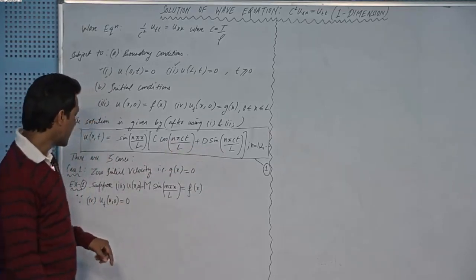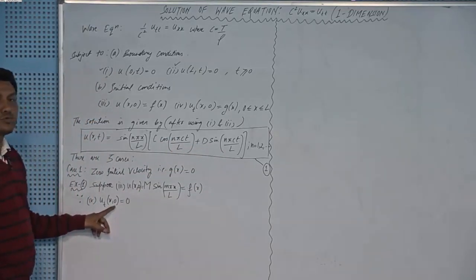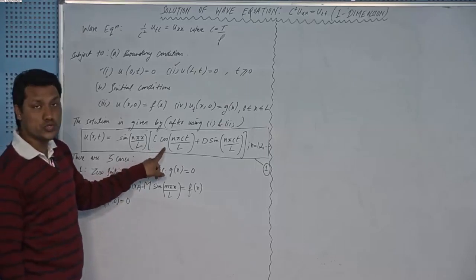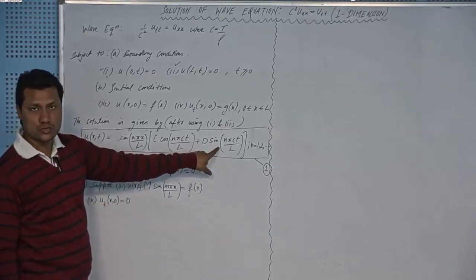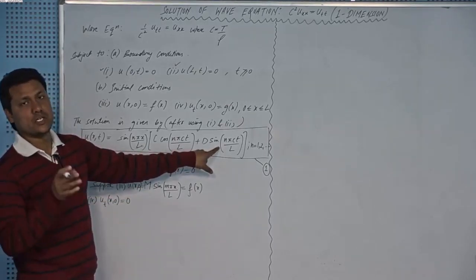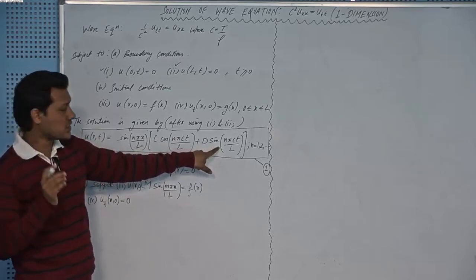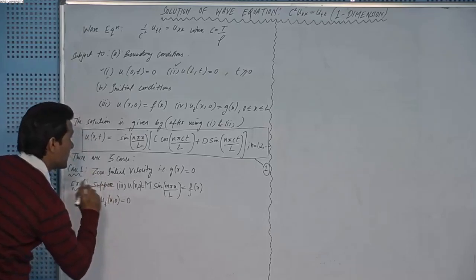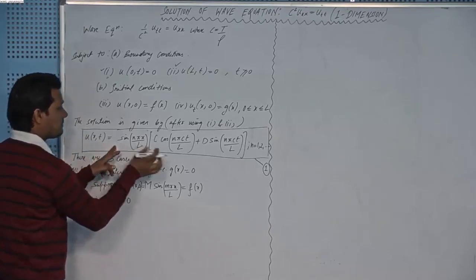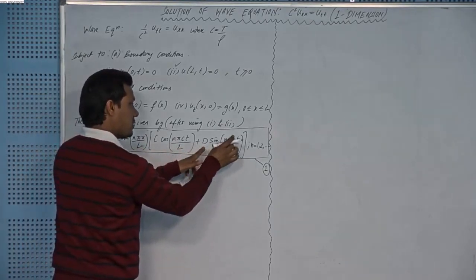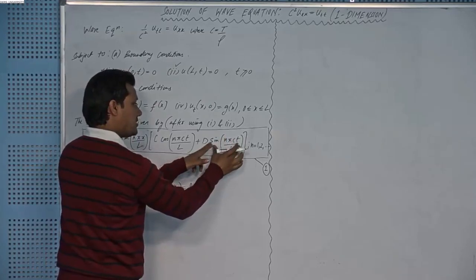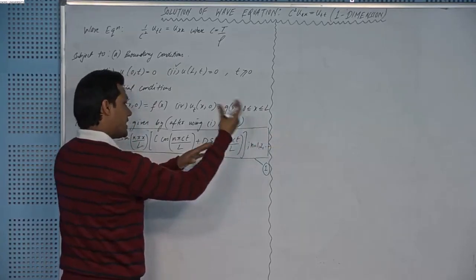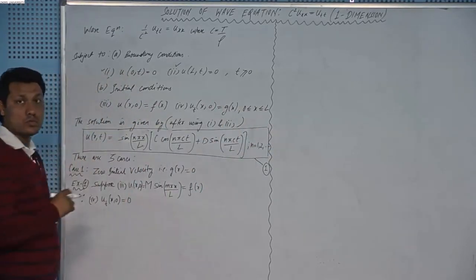If you put x equal to 0, this term will go to 0 and this will become non-zero. I am not going to differentiate it; rather, you differentiate in your mind. Then it becomes this multiplied by d times n pi c by L, and this will become cos, which becomes 1, then it will give me d equal to 0.